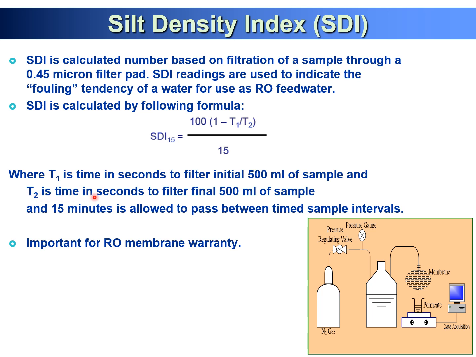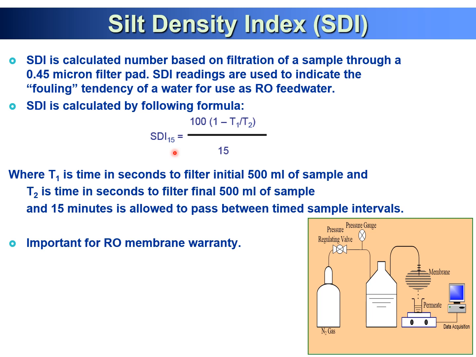And T2 is the time in seconds to filter the final 500 milliliters of sample. So after 15 minutes, it's allowed to pass through between the timed sample interval. So first 500 milliliters, and after the interval, we measure again T2 in seconds to filter the final 500 milliliters of sample, and utilize this equation.